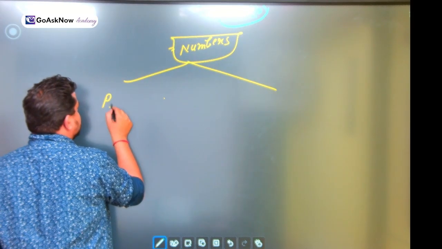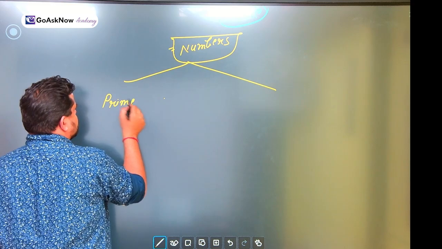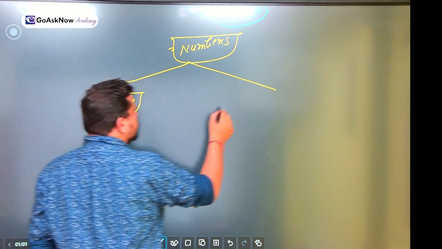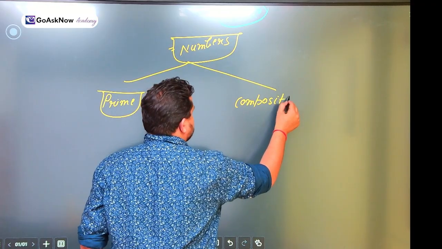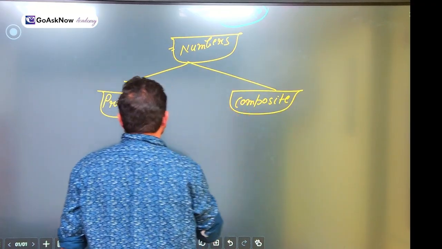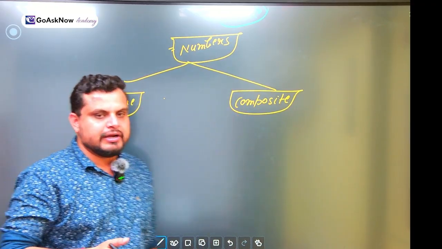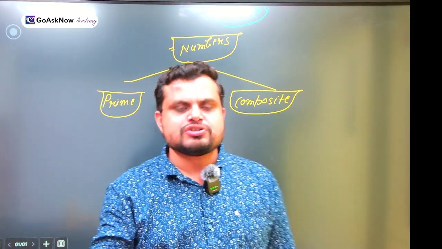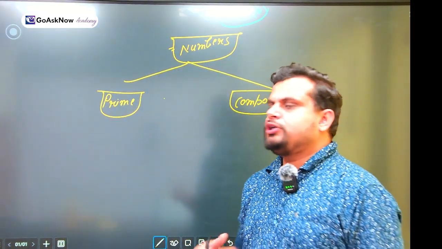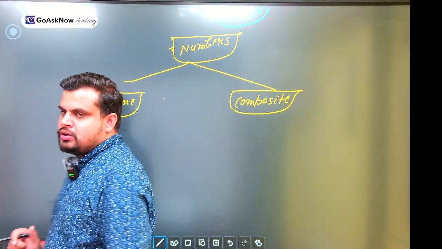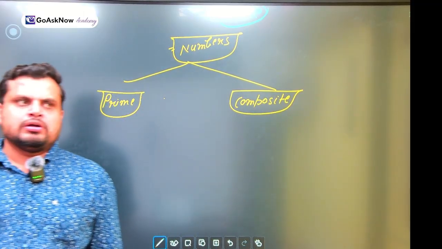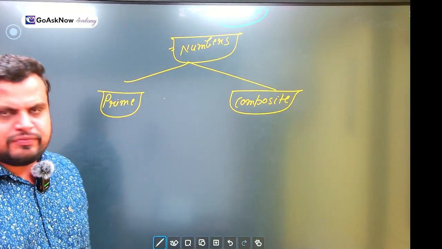We have prime numbers and we have composite numbers. So for natural numbers, we can divide our numbers on the basis of factors into two types, prime and composite numbers. First of all, you must know what a factor is.